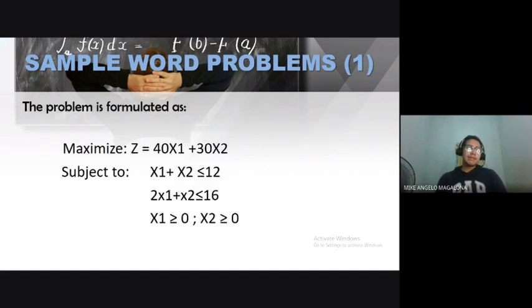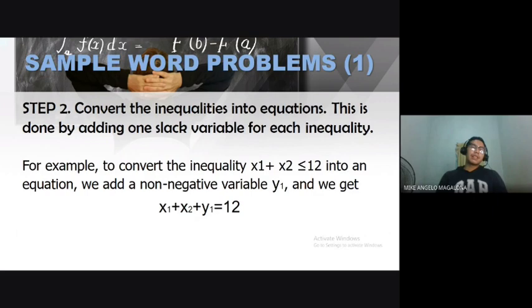Hence, the problem is formulated as: maximize z equals 40x sub 1 plus 30x sub 2, subject to x sub 1 plus x sub 2 less than or equal to 12, 2x sub 1 plus x sub 2 less than or equal to 16, x sub 1 greater than or equal to 0, and x sub 2 greater than or equal to 0. Step 2.